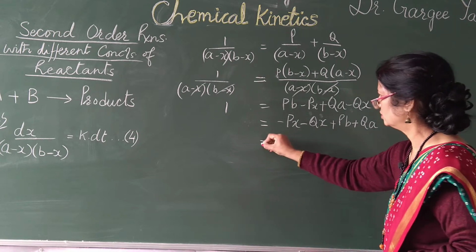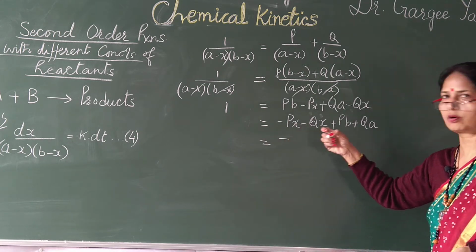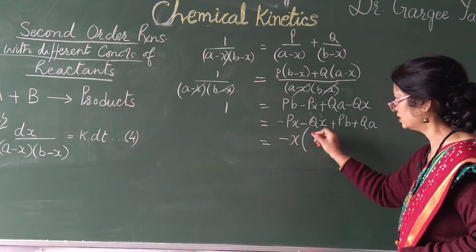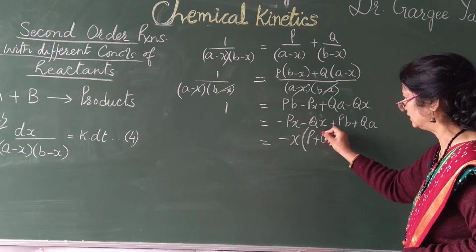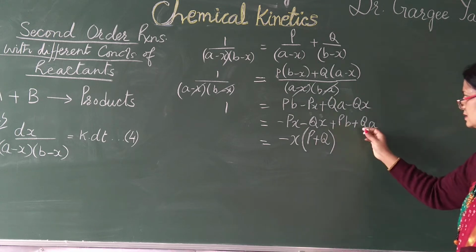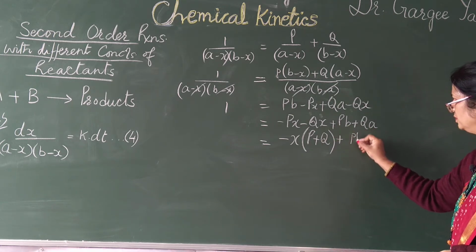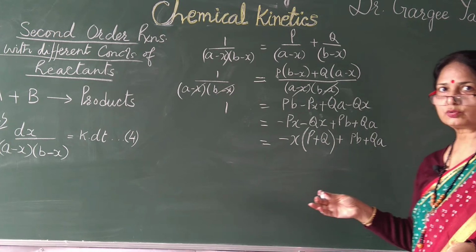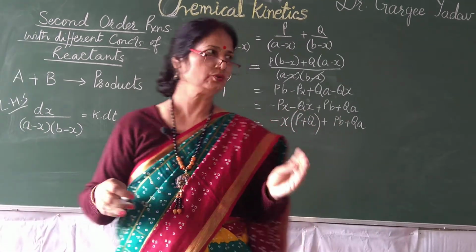So this will be equal to, we take minus x common out of the bracket. What remains is (P plus Q) inside the bracket plus this term Pb plus Qa. Okay. And this is equal to what? This is equal to 1.